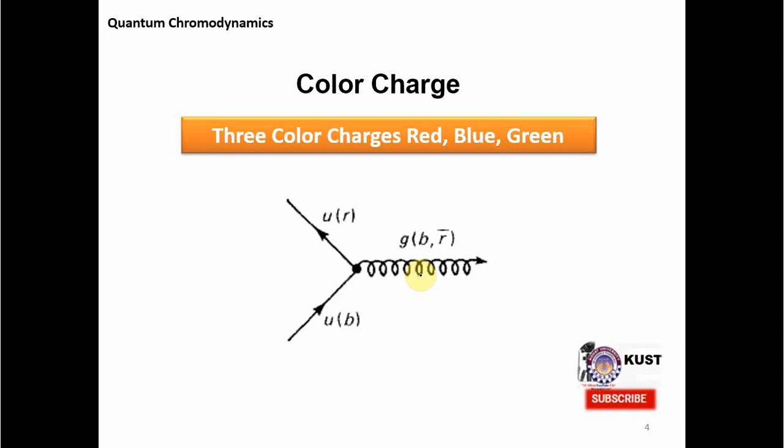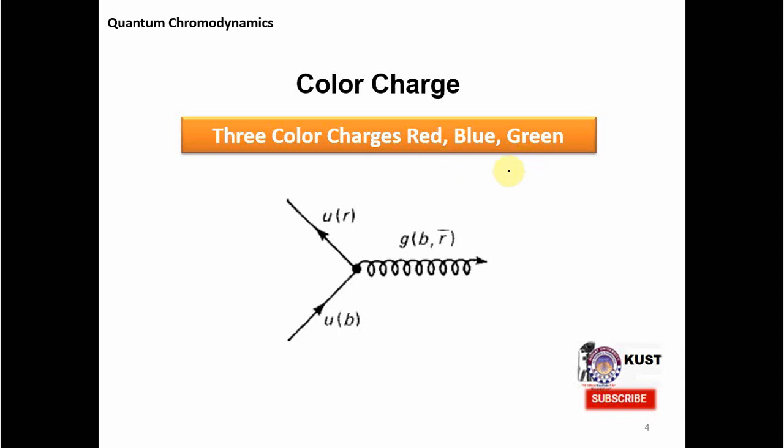This is the second difference. The first difference was the number of charges in quantum electrodynamics and quantum chromodynamics. So I will be telling you the differences between the two theories. In quantum electrodynamics we had only two types of charges, that is plus and minus, and in quantum chromodynamics we have three types of charges, that is red, blue and green.